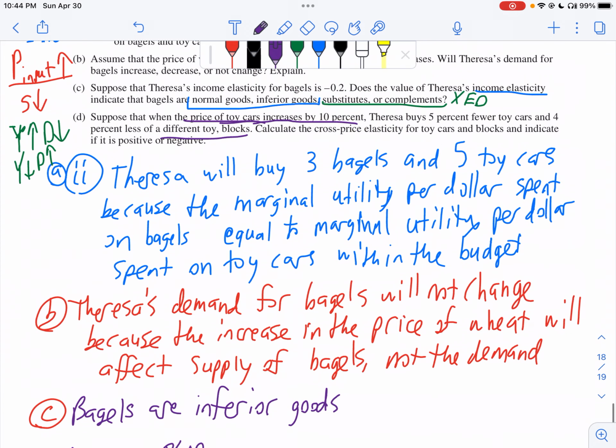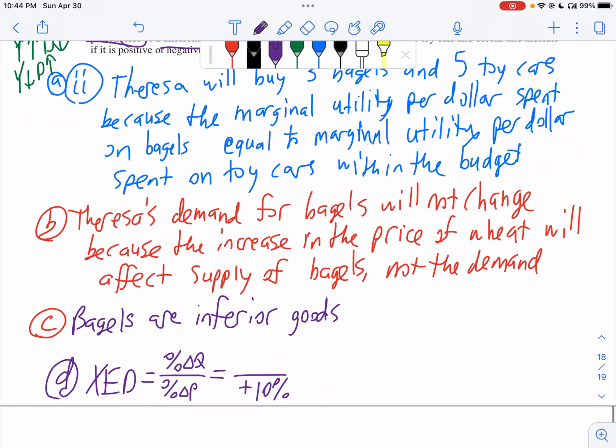Okay. And then we need a cross price. So we're dealing not with the toy cars. We're dealing with a different toy. All right. And they do 4% less. Less means negative. It goes down by 4%. If you were to put this in your calculator, you're going to get something like negative 0.4.